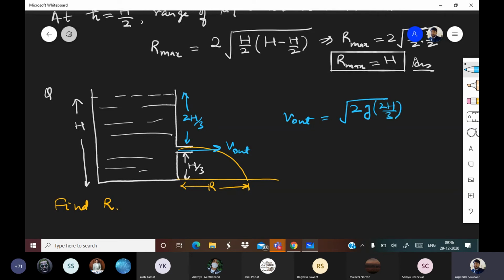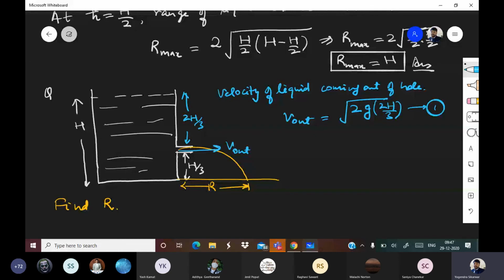This is equation number 1. This is the velocity of liquid coming out of the hole.